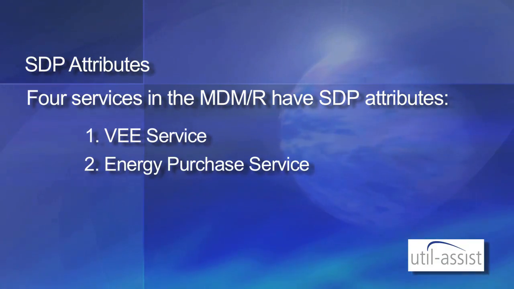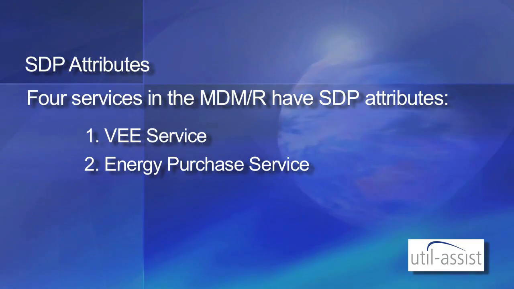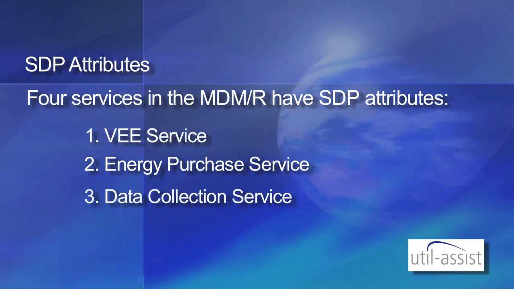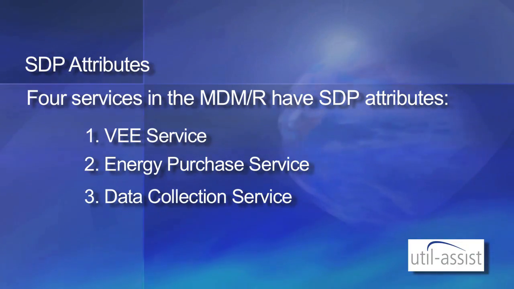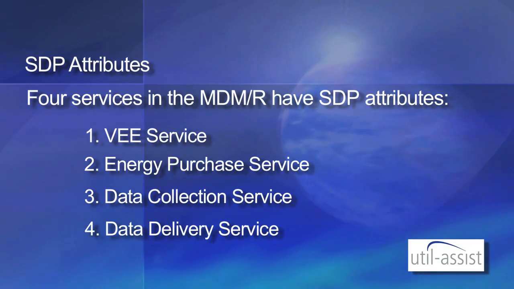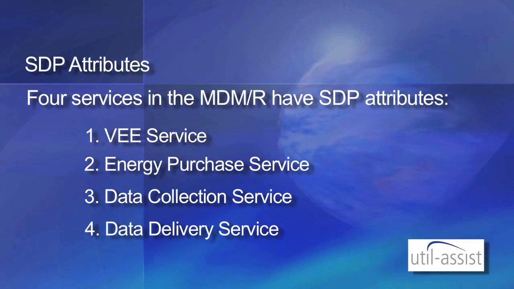The energy purchase service describes the way in which meter read data is aggregated into billing quantities. This attribute is consistent with the framing structure attribute. 3. The data collection service is consistent with the meter AMCC type attribute. And 4. The data delivery service relates the billing quantity data from the MDMR to the LDC.